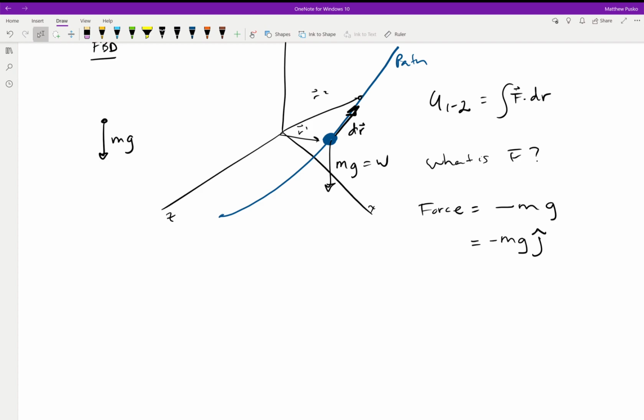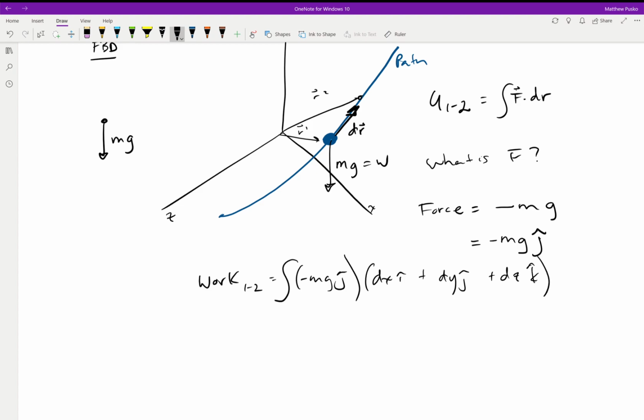Now what about a position vector? This has some x, y, and z components. So if we did the work from 1 to 2, we need to consider that we have the minus mg in the j direction, but it went through some displacement: some dx in the i direction, some dy in the j direction, some dz in the k direction.